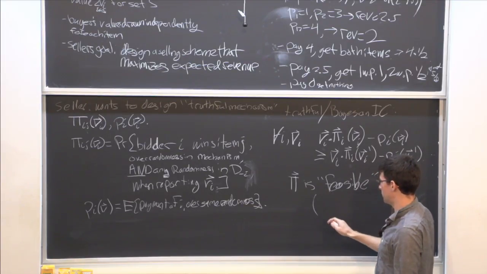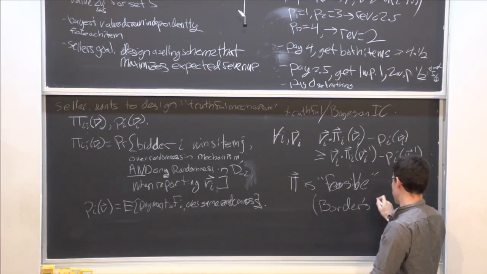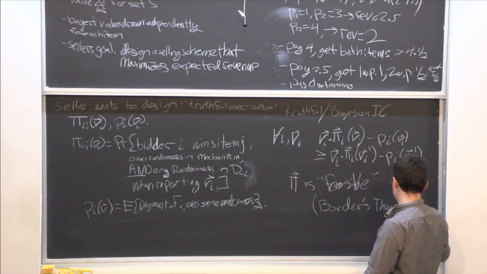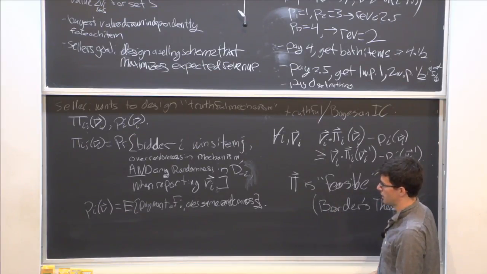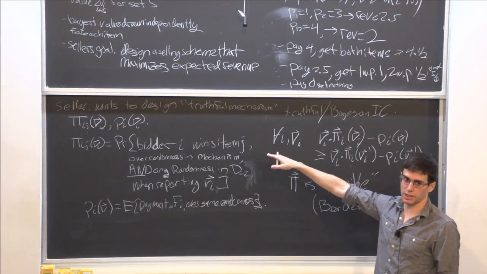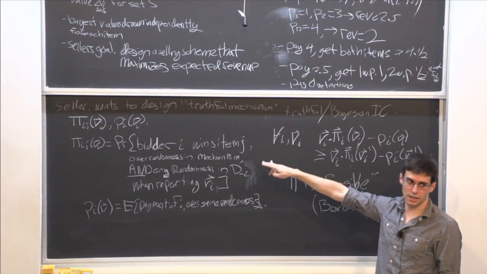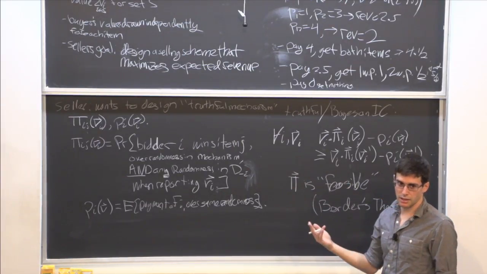Okay, and the buzzword for this is Border. Border is an economist, and Border's theorem characterizes exactly what linear constraints tell you when a given probability vector can be matched by an allocation rule or not.